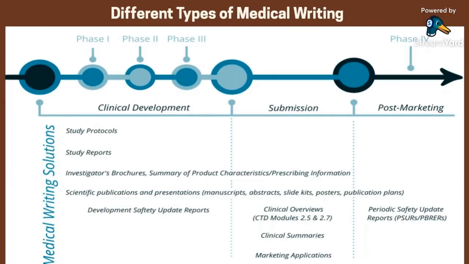When it comes to the medical writer, we will cover what report is to be called for. All these aspects and the content in each report will be covered in detail in the module: what a study protocol means, what investigator's brochures mean, what a developmental safety update report includes, and what a periodic safety update report includes.